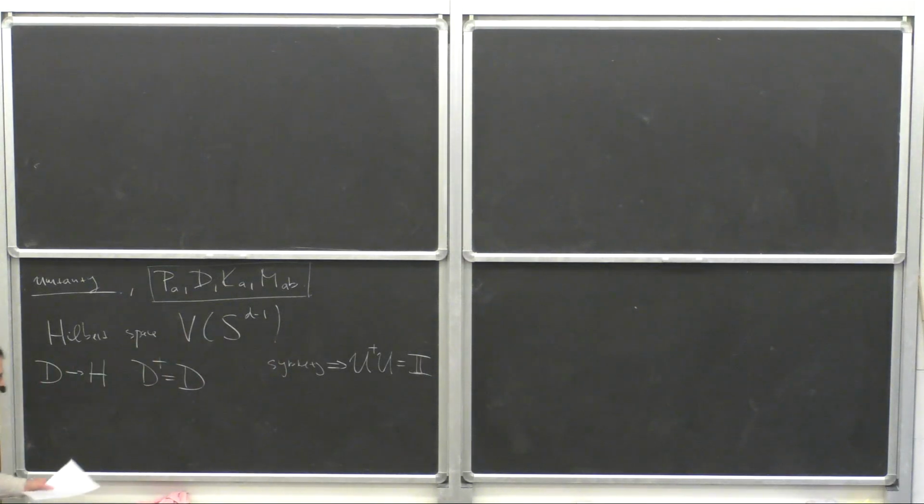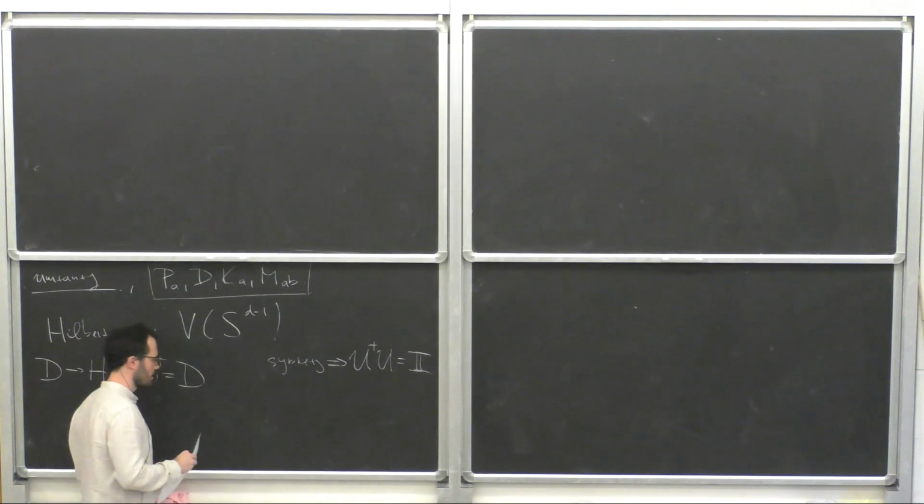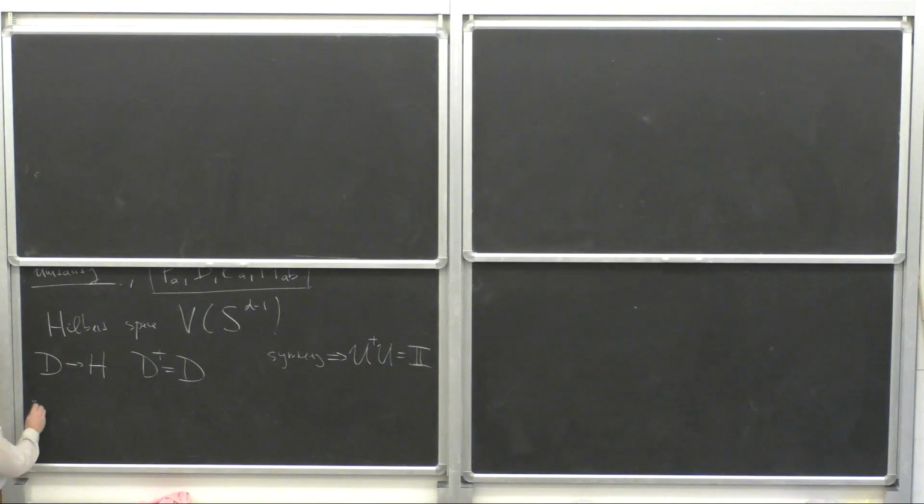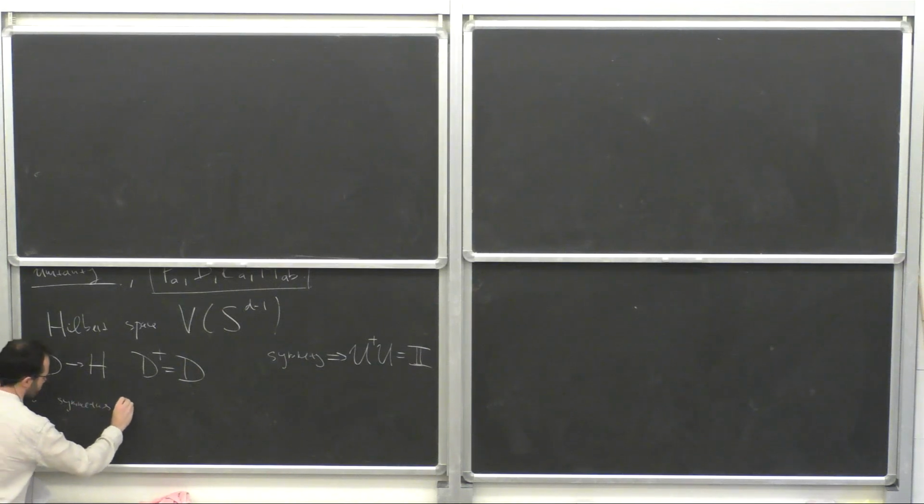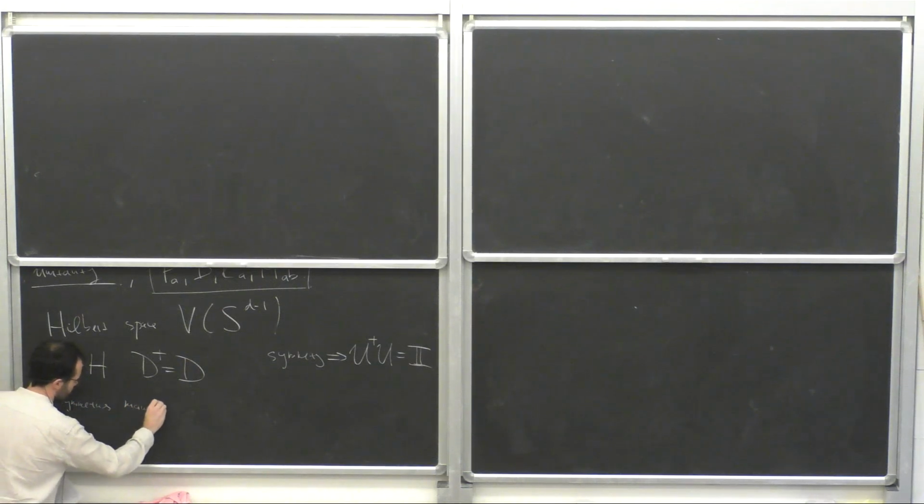When it comes to space-time symmetries, the space-time symmetries are those which are manifest in Lorentzian signature, not Euclidean signature. It's important.